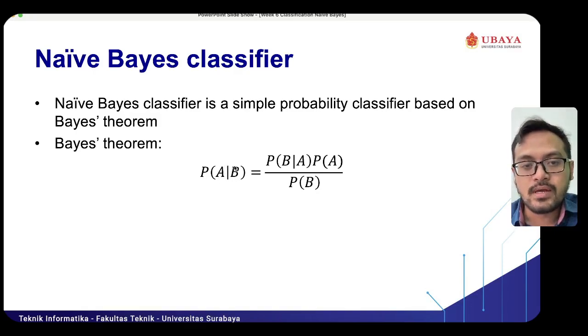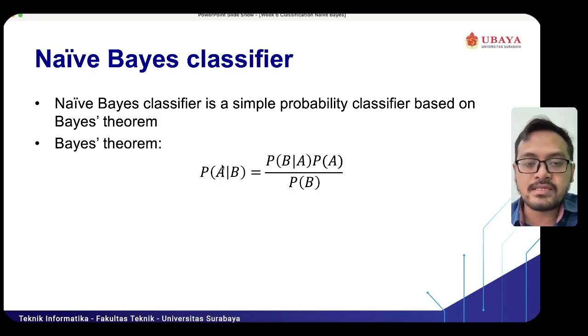We have two events here, A and B: the probability that event A occurs when we are given event B. It's like, what is the probability that a smoking person also drinks coffee?